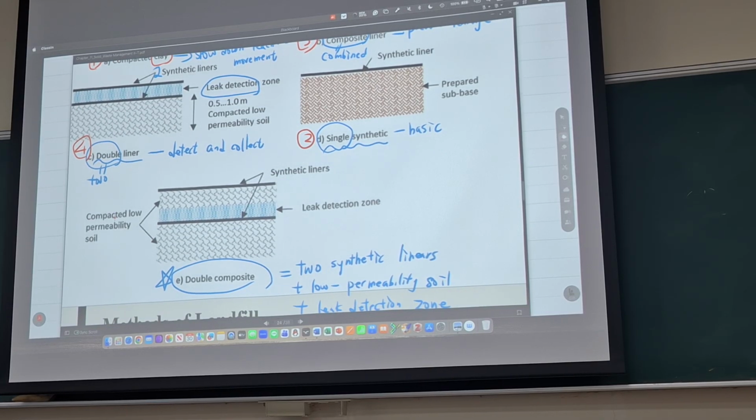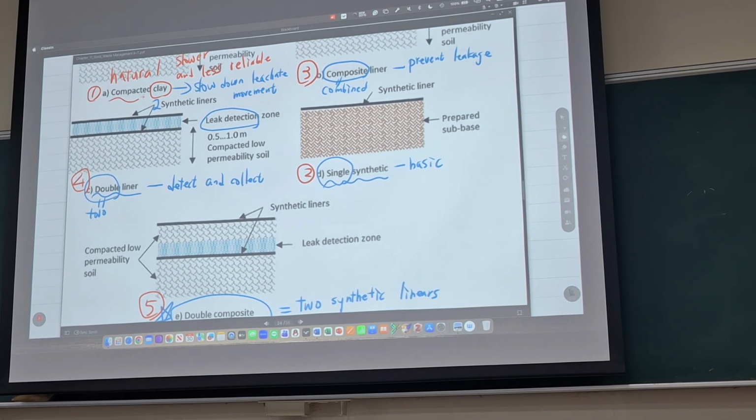Okay, one day the president visits your office. Then you talk to the president. This area is very contaminated, but the budget is limited. So the president says I give you more money, then you can upgrade to the best one, the double composite. Understand? So the worst one is compact clay. Second worst is single synthetic. Number 3 is composite liner.